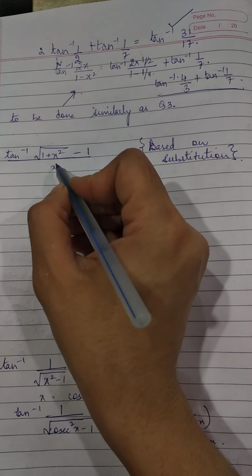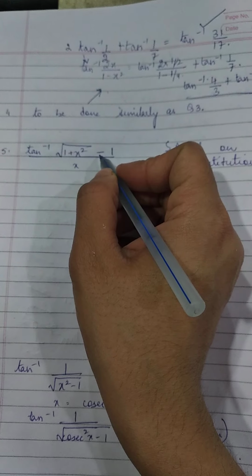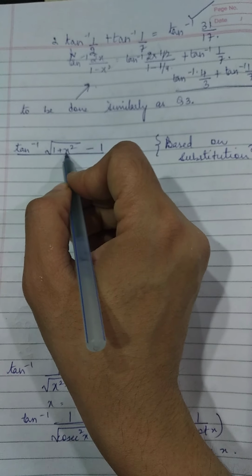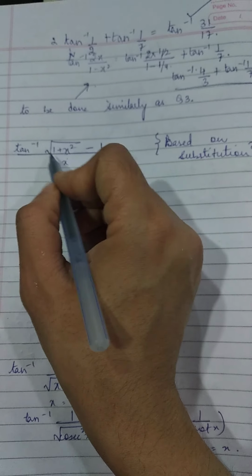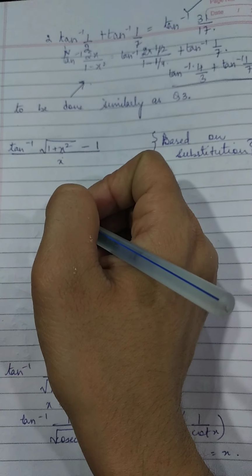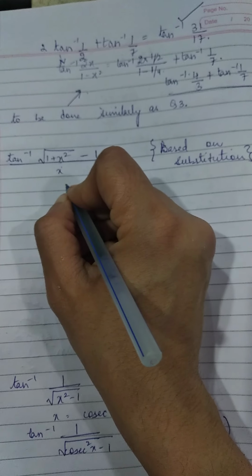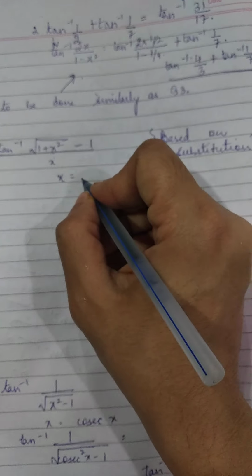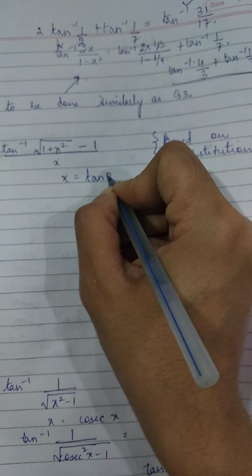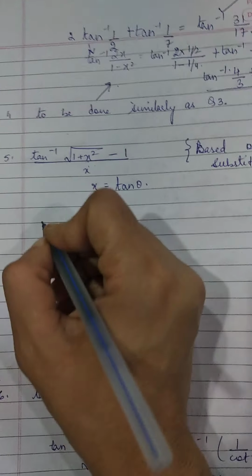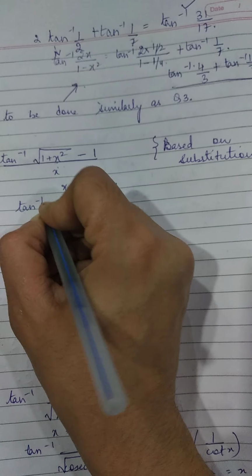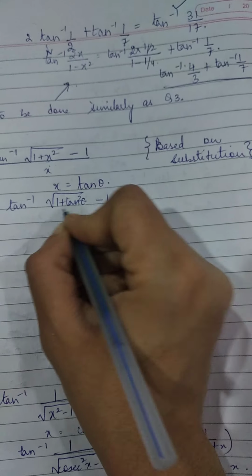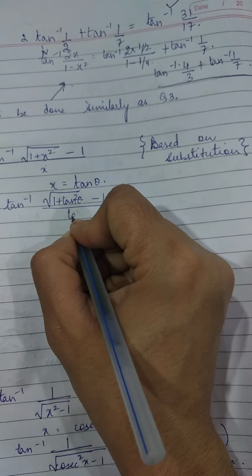So wherever we have to write a particular inverse trigonometric function in the simple form, we'll be going with the substitution. We'll be substituting the value of x so that a particular identity can be formed over here, right? Now what if I take x as tan theta? Right, so this is tan inverse, 1 plus tan square theta minus 1 upon tan theta.